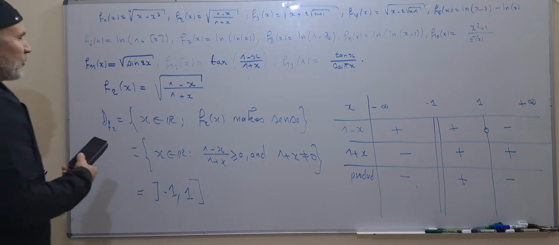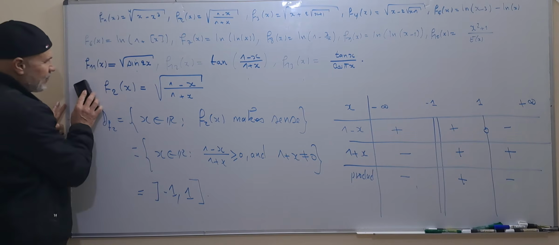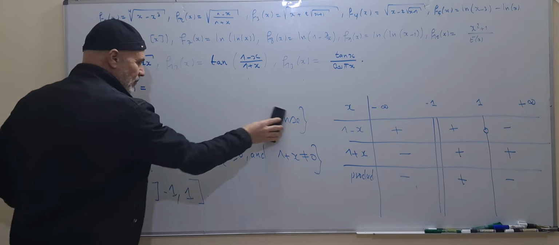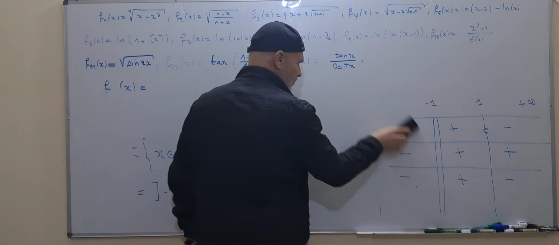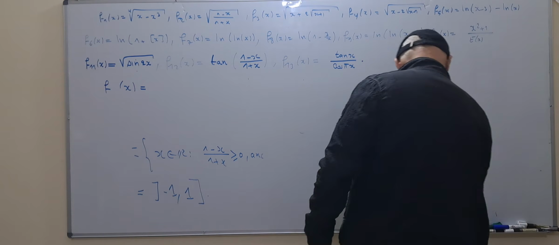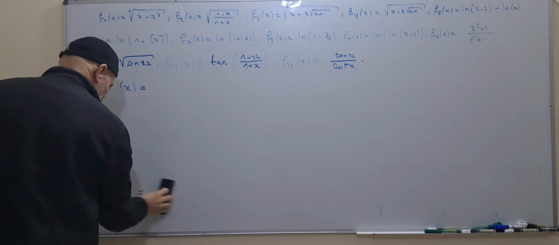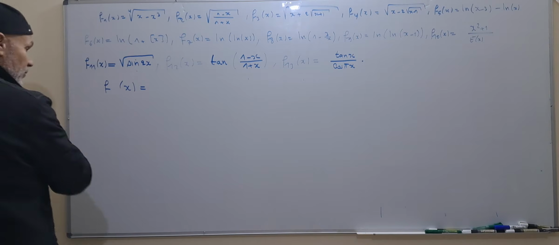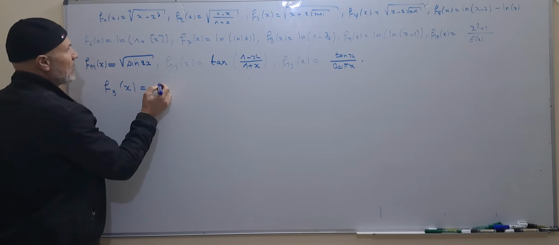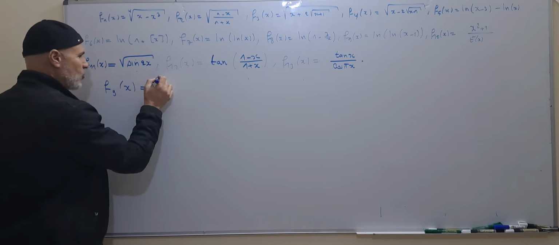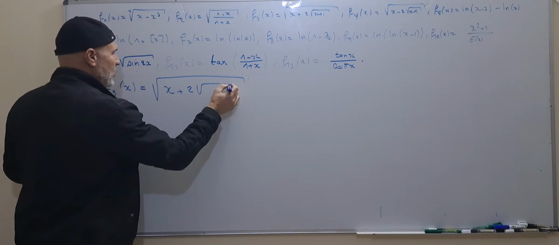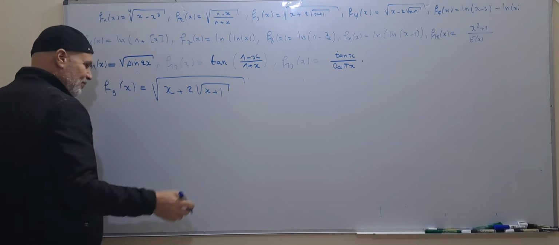Let us move to f3. f3 of x is equal to the square root of x plus 2 times the square root of x plus 1.